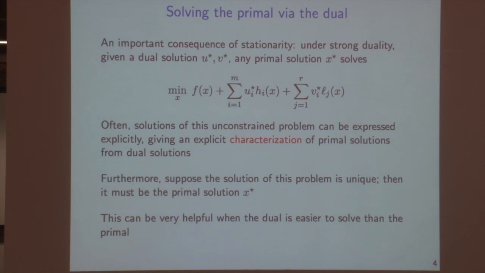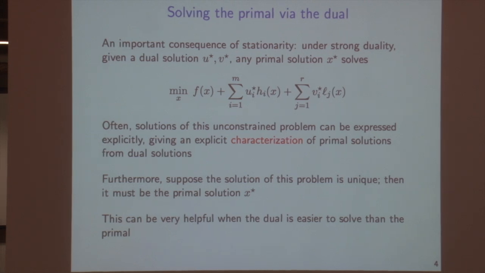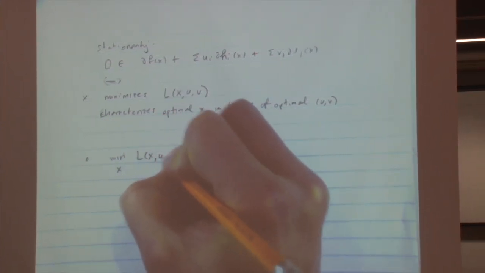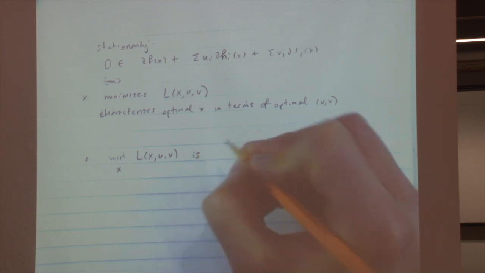Unfortunately, there are two cases we can think about. The first case is when the minimum over all x of L(x, u, v) is non-unique.